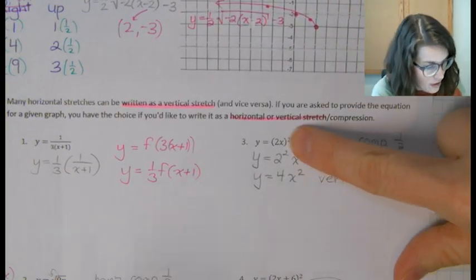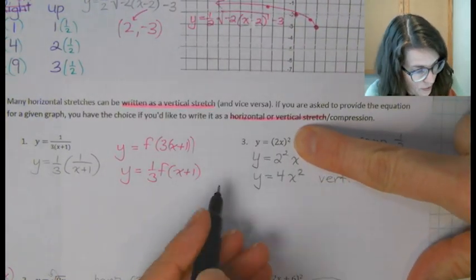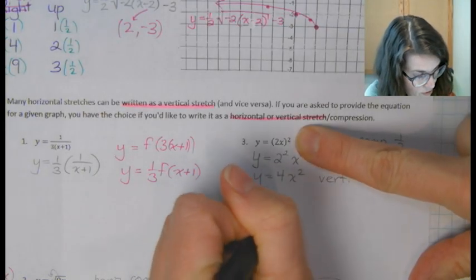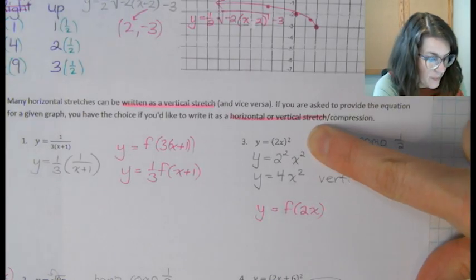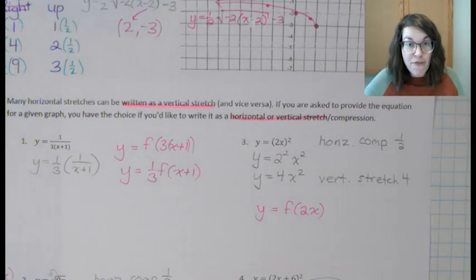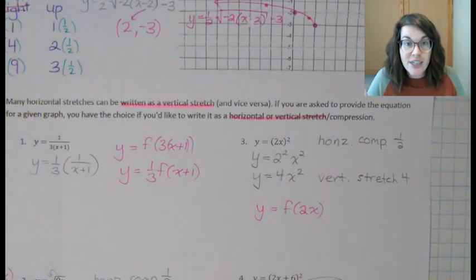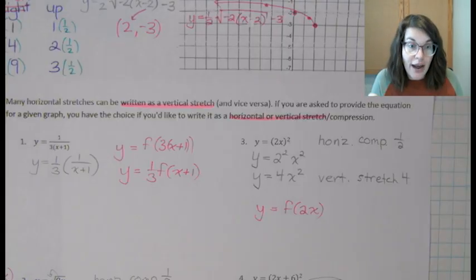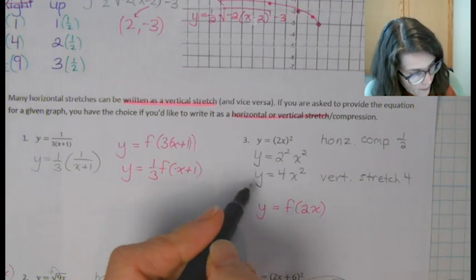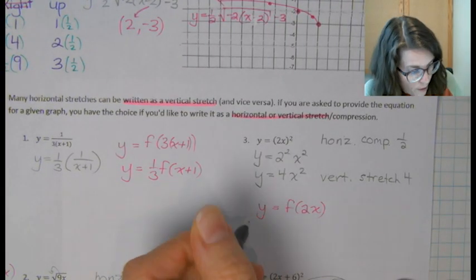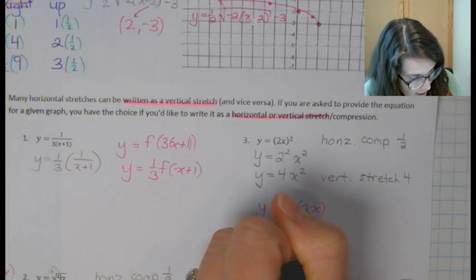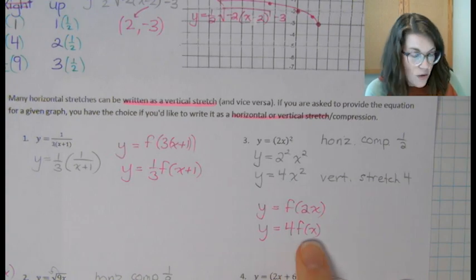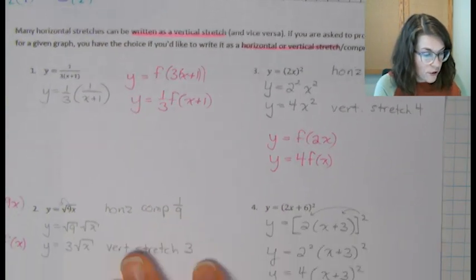Over here, if we were to represent this function, we would have y equals f of 2x. We don't show the square because that's what the f part is for. That's showing that, hey, whatever function it is, in this case, it's a parabola, quadratic. We don't show that. But when we convert it to our vertical form, we would say y is equal to 4 f of x. Okay? So that's how we show the difference in our function notation.